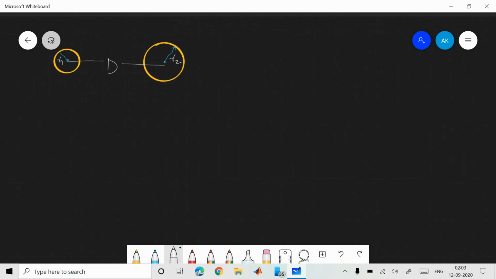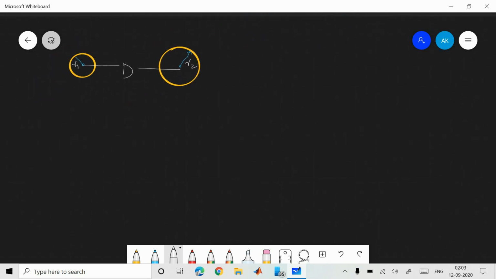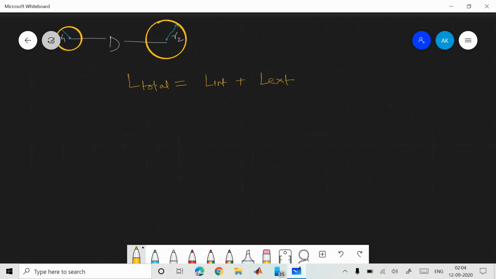So in this case, what will be L total? In this case also L total will be the summation, that is L internal of both the conductors plus L external of both the conductors. So L internal will be the same constant value. Write L external first. L external means summation of two.